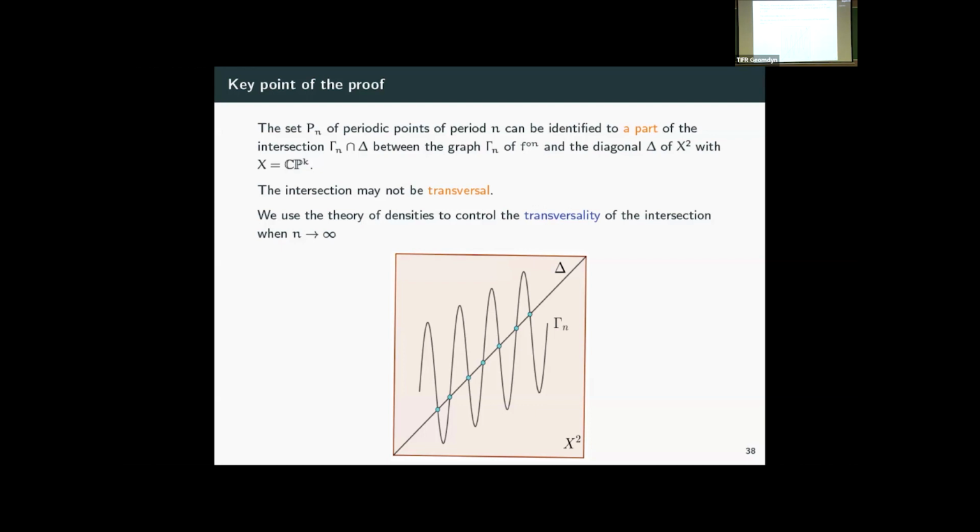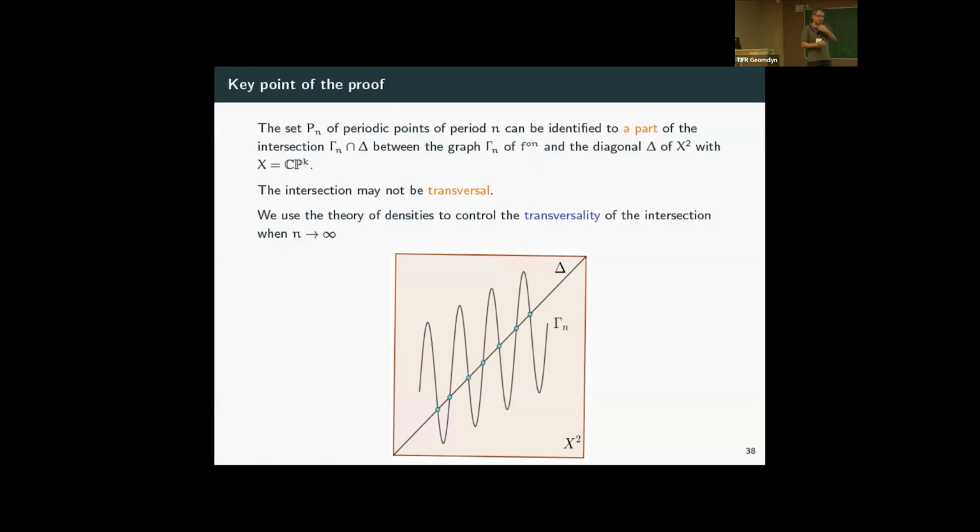And then the problem becomes: in this situation, can we have that the intersection of the limit is equal to the limit of the intersection? This is not true in general, I mean outside dynamical systems. Here it is true, but why? If you want to show something like that, you need some kind of transversality between the graph gamma n and delta. Strictly speaking, you cannot have transversality in general because you might have tangency, and even if you don't have tangency, you can have almost tangency.